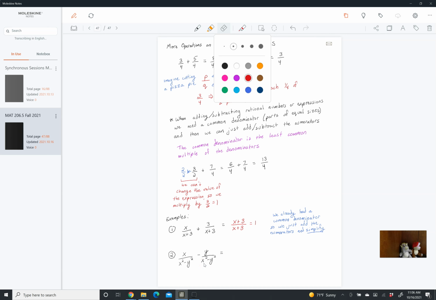You subtract the numerators. So we have x minus y over x squared minus y squared. Well, the same thing is true here. Once you do the subtraction, you will always look to see, can we reduce the answer? And we can, because x squared minus y squared is a difference of squares.